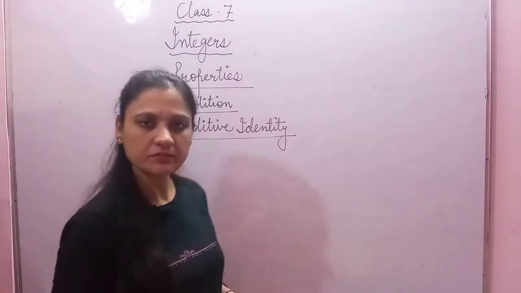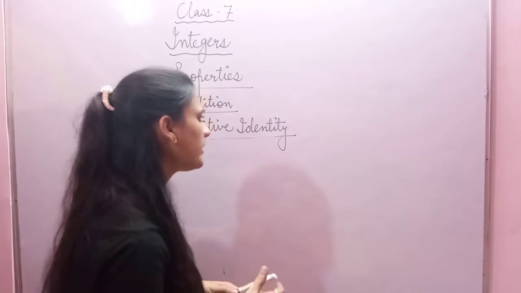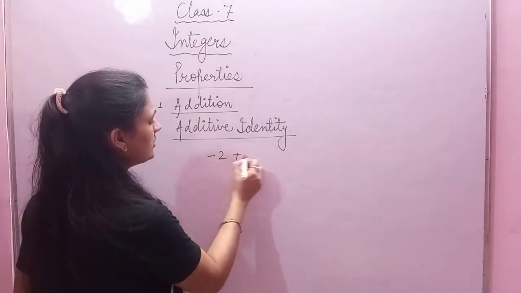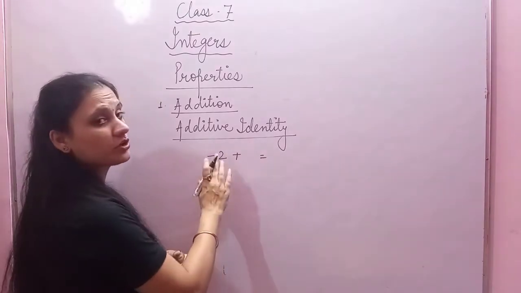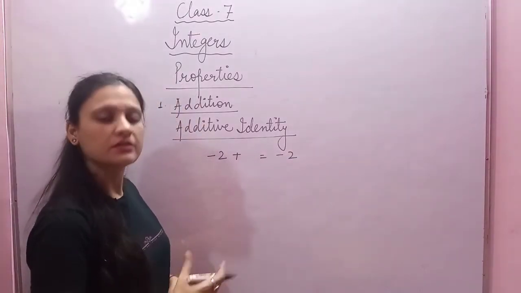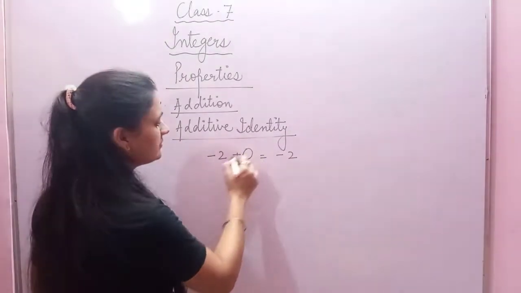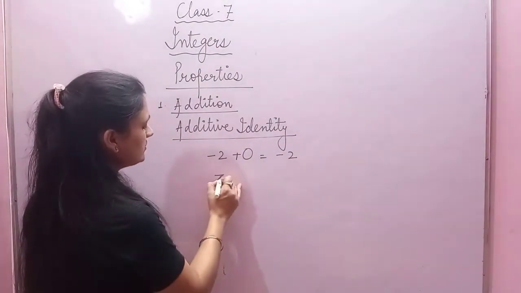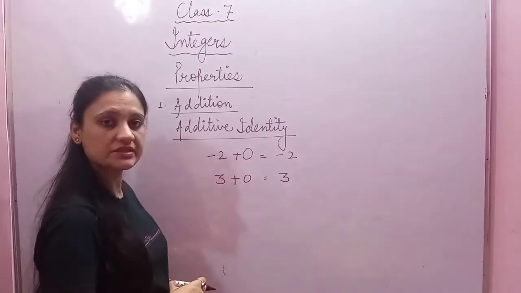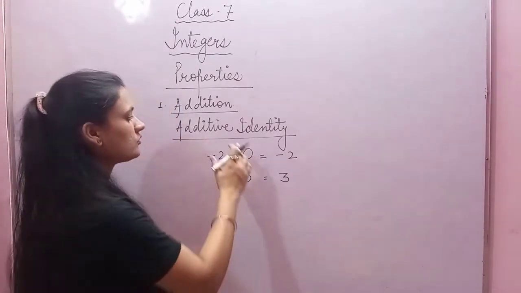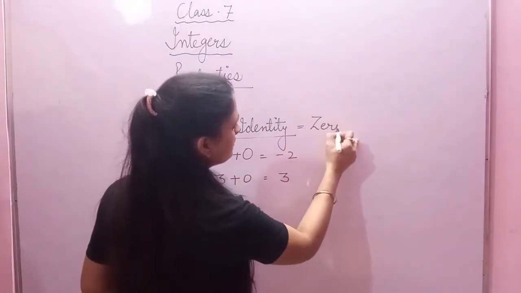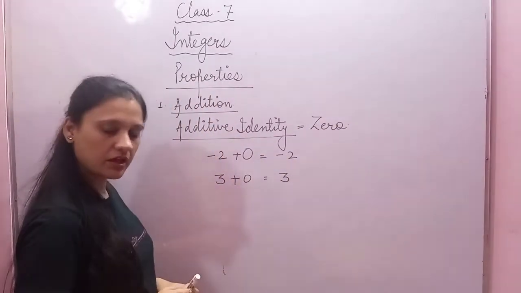Identity means the same, right? So what should be added to a given number, to a given integer, so that its identity will not change? That is, it remains minus 2. What should be added? 0, rightly said. Suppose this is given, 3 plus 0, then also the answer remains the same, that you get the number itself. So what is the additive identity? That is 0, right? Understood all of you?